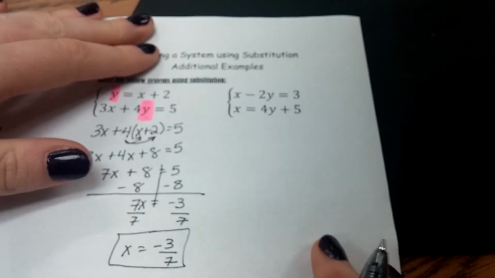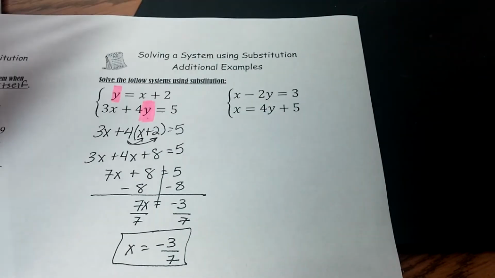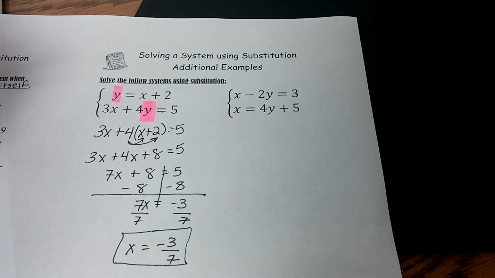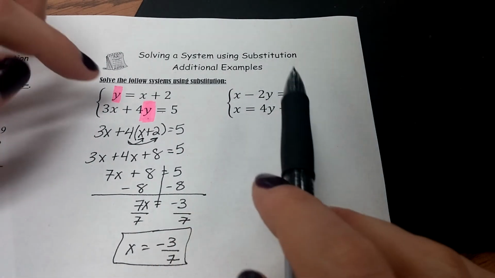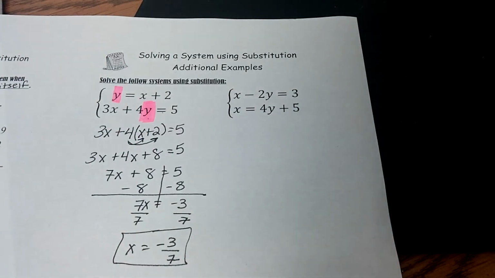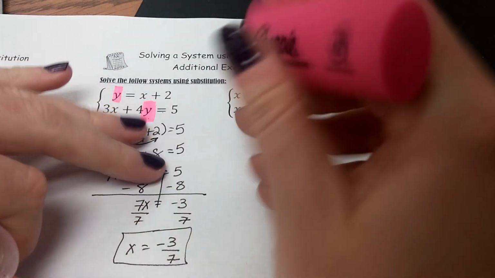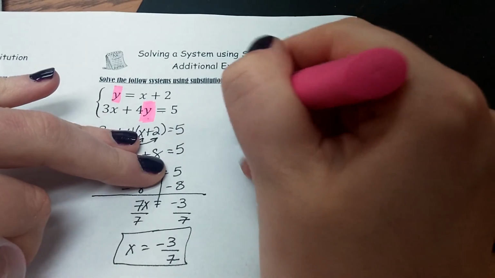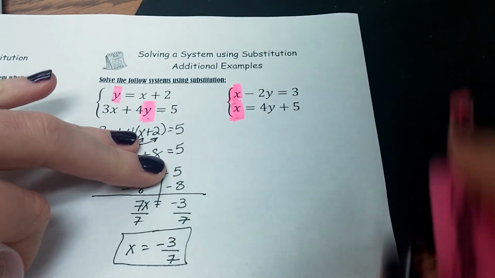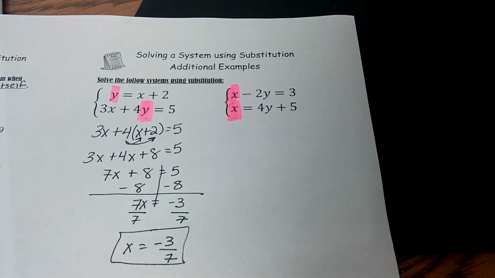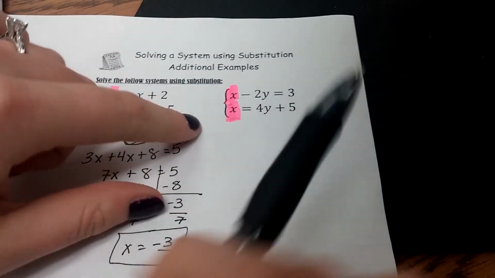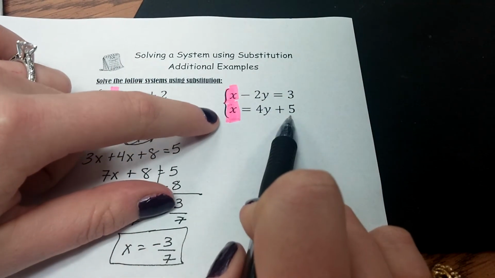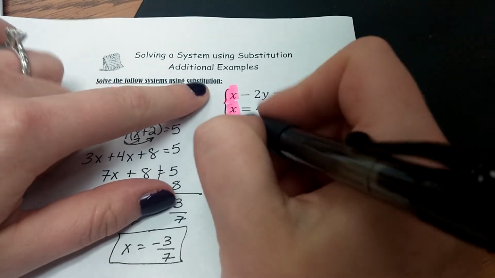All right, last example. If I take a look at these two equations, this one here is solved for x, so that's the first equation. And then if I highlight in the second equation, I have an x right here, so I'm going to replace. I'm going to take this expression, 4y plus 5, and plug it in for x over here.